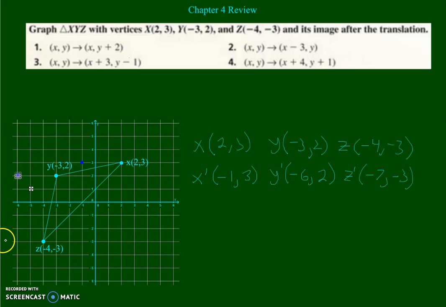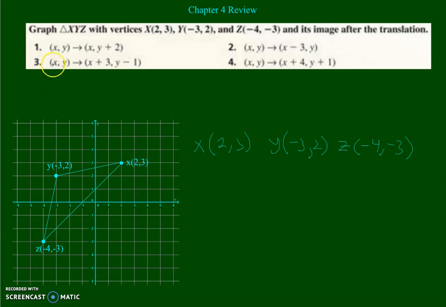So we're kind of almost off the grid here, but we'll still be able to see it. So let's graph these. And there's our second transformation. In this case, we just slid everything over. We translated to the left 3 units. 1, 2, 3.